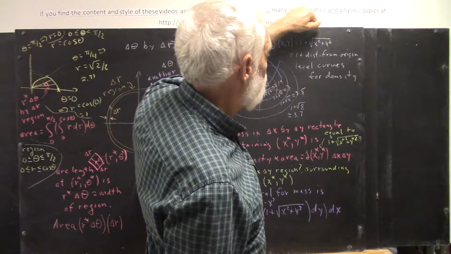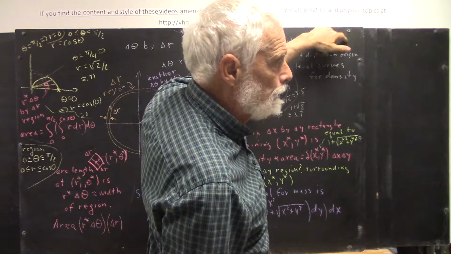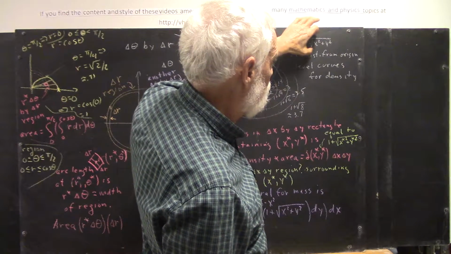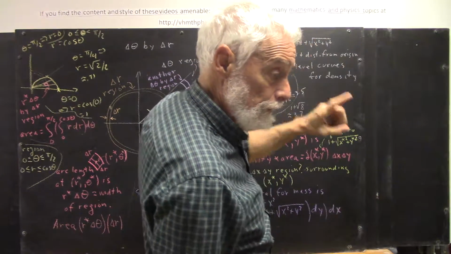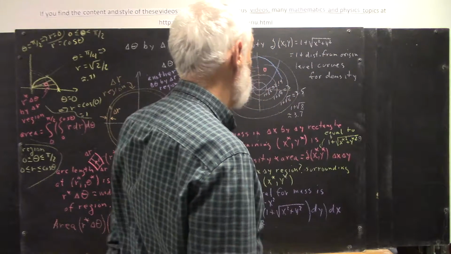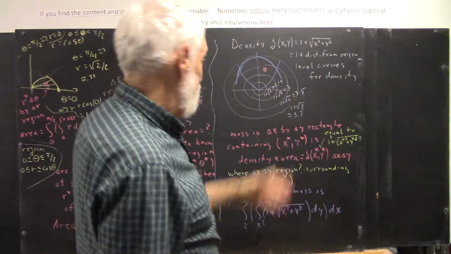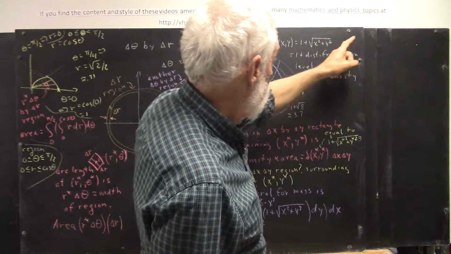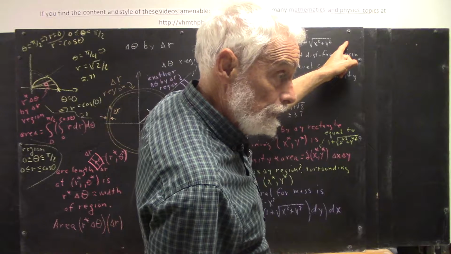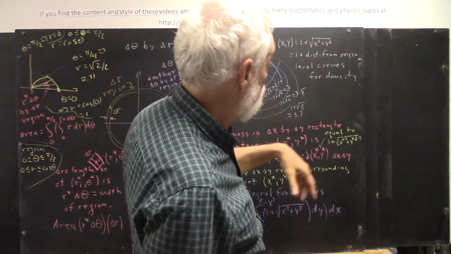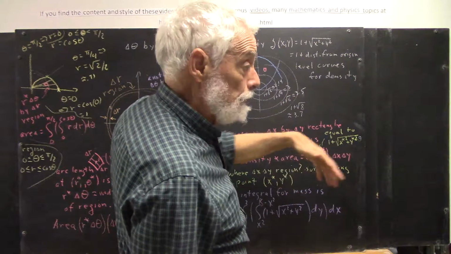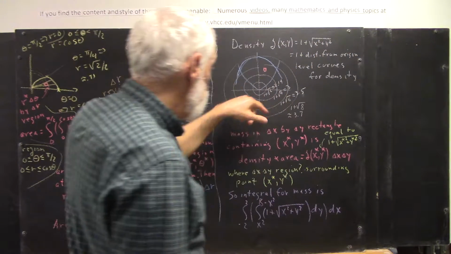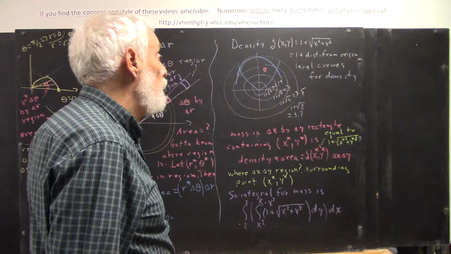If the constant is bigger than 1, then the square root of x squared plus y squared is going to be equal to some fixed number that's bigger than 0. The square root of x squared plus y squared being distance from the origin, a level curve is going to be a circle. The distance from the origin is going to be constant. So level curves are going to be circles.